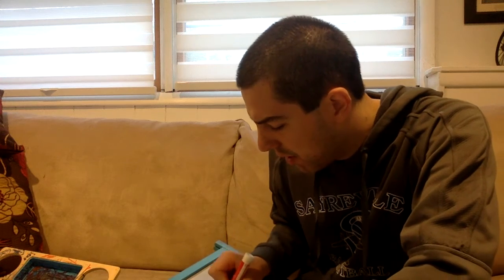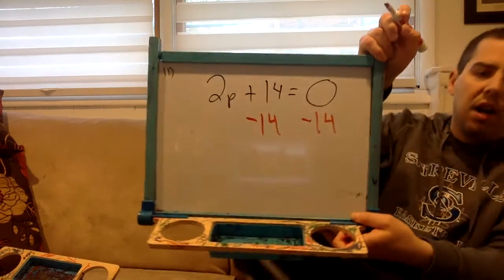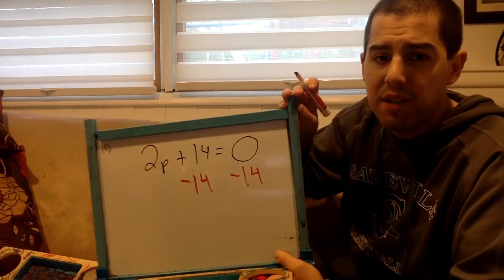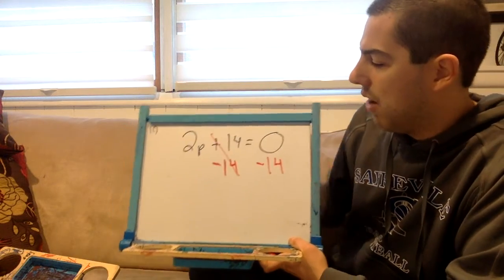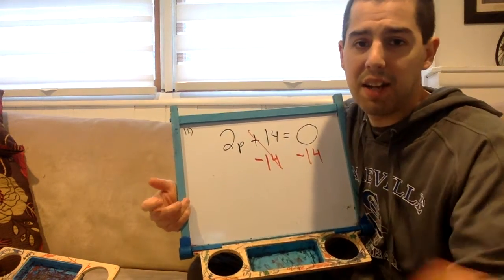So you're going to undo the addition first. So I'm going to put a minus 14 or a negative 14 underneath both sides. So on the left side, positive 14 and negative 14 equals 0. So they cancel out.